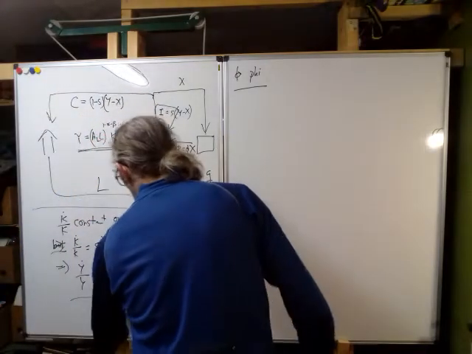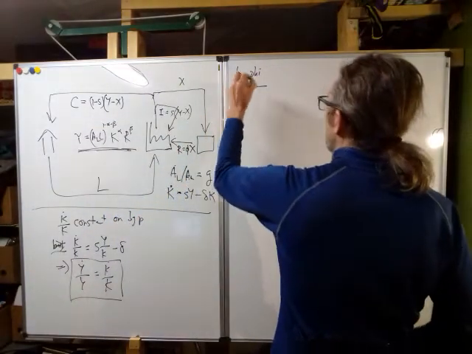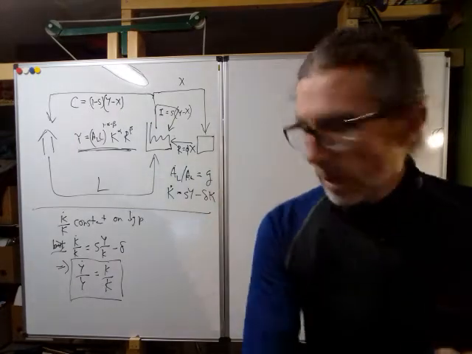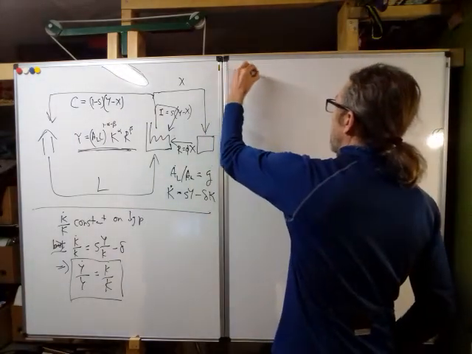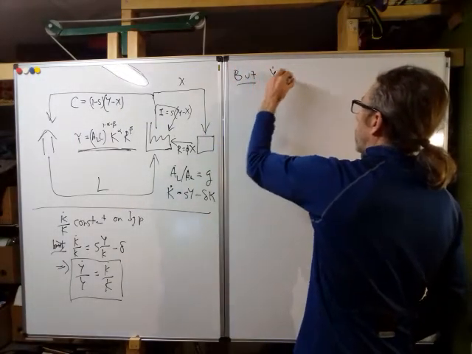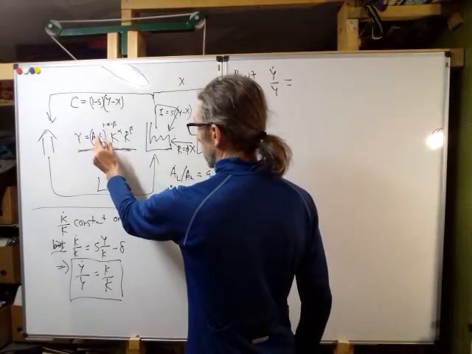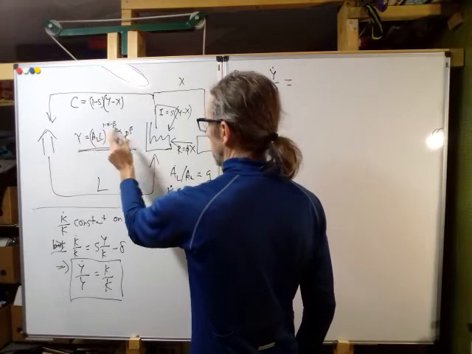So we know that, and then you could say, again, y dot over y is, and now I'm going to go straight away that L is constant and R is constant.